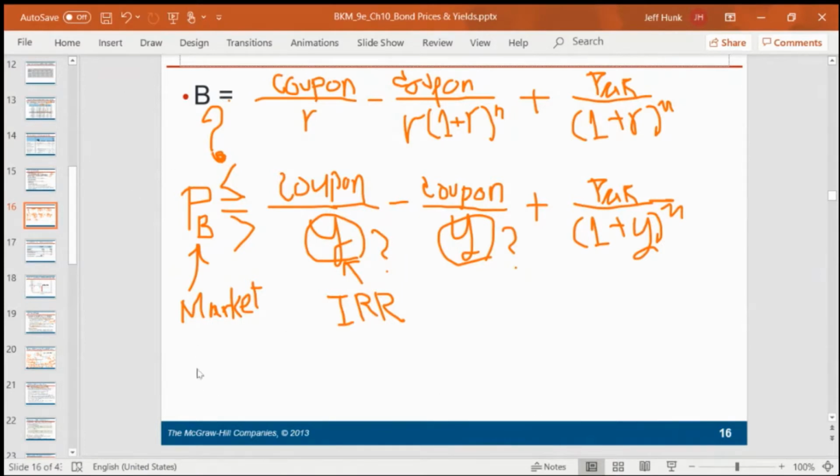So if I were to define holding period return, this is something you have already learned in Finance 100, especially if you took 100 with me. So think about it.